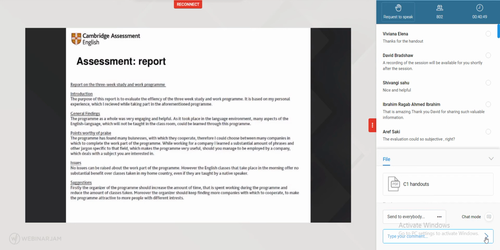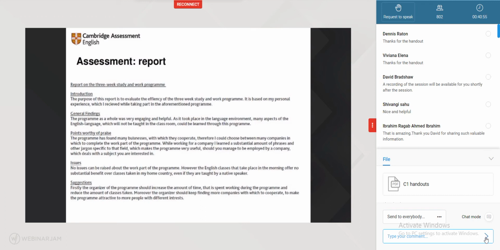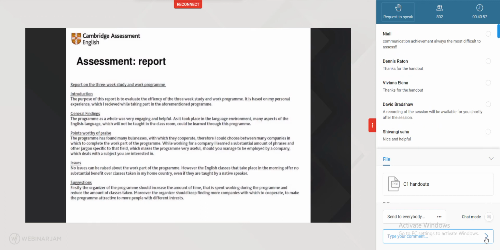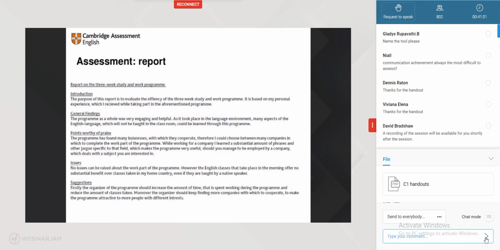A band 3 on our criteria for C1 is a C1. All of our criteria overlap. So a band 5 in B2 is the same as a band 3 in C1. And likewise, a band 1 in C1 is a band 3 in B2. So 3 is C1, 3, 4 is C1 writing.